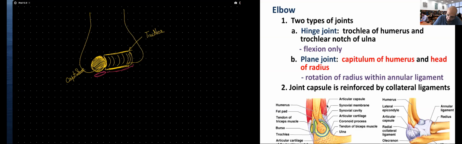If you remember, the trochlea articulates with the trochlear notch of the ulna, and the capitulum articulates with the head of the radius.